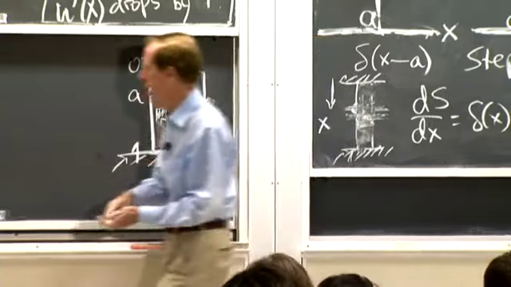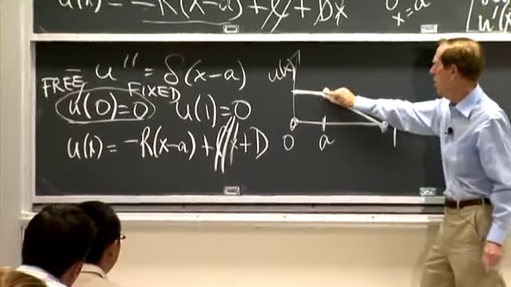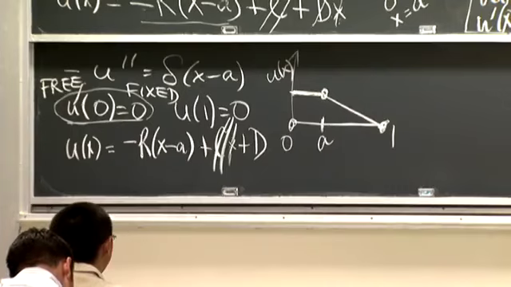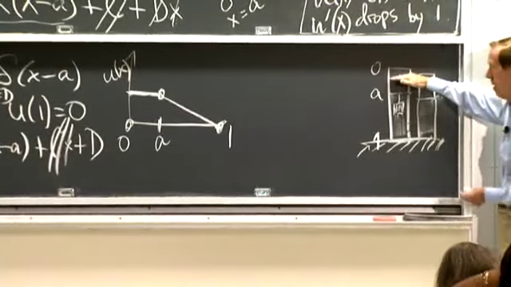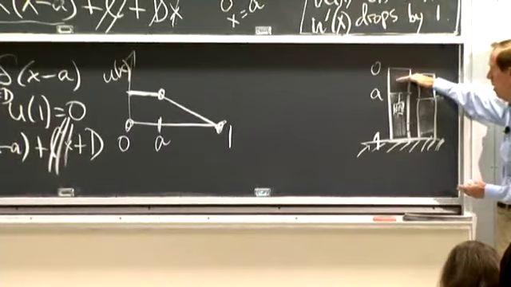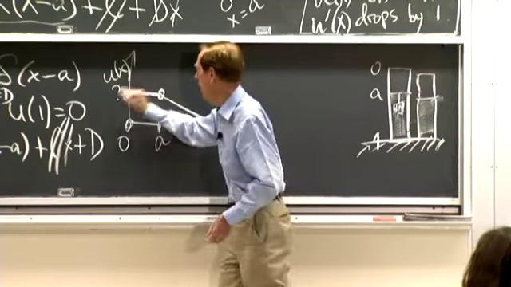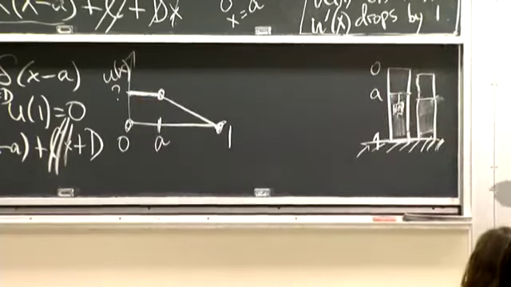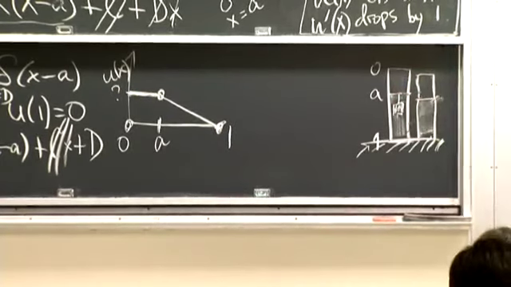And that's what we're seeing here. A fixed displacement. So that picture means all the pieces of the bar here got moved down by the same amount, whatever this is, we don't know that number yet. And below it, they got compressed.